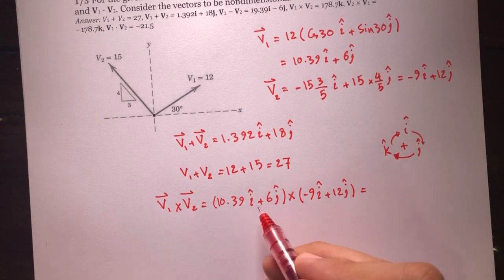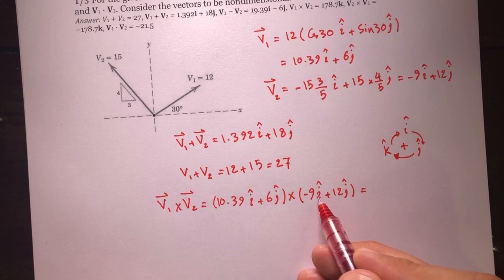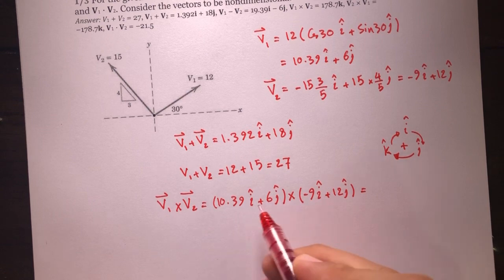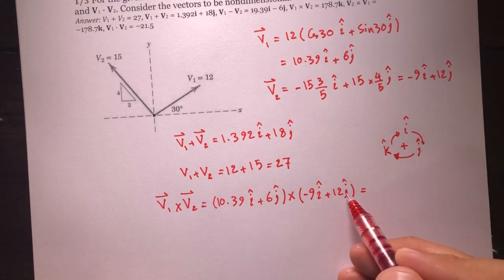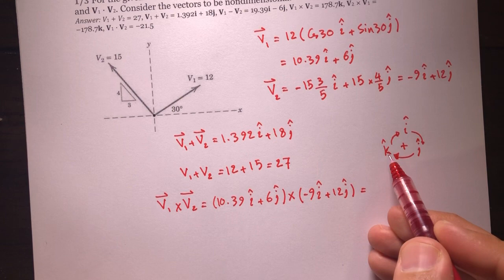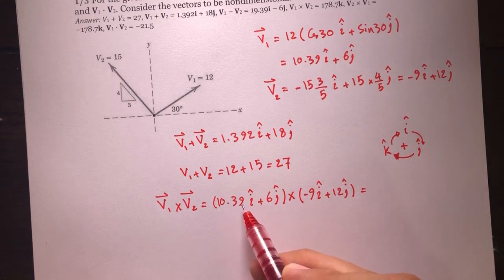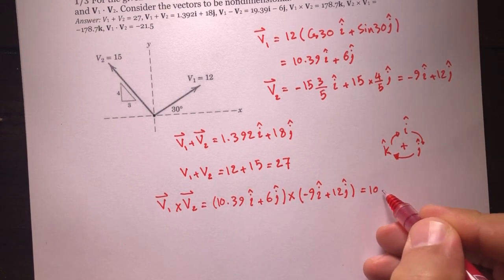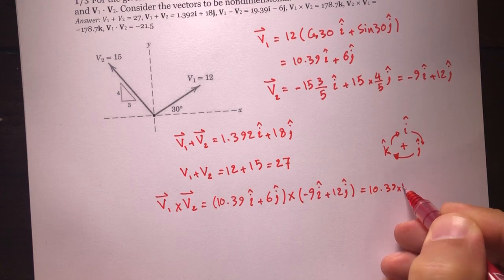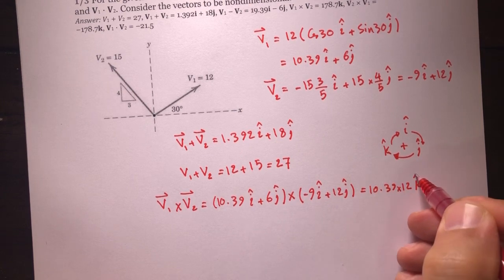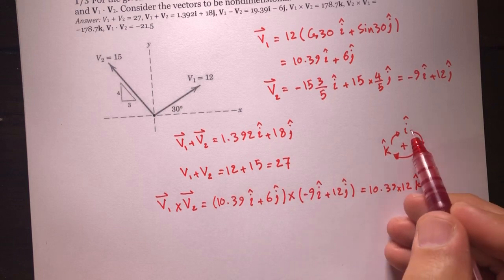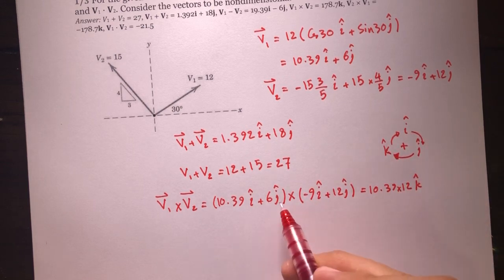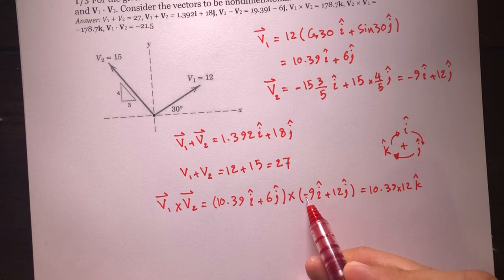So here we have, first we have I cross I, which is 0. Cross product of two parallel vectors is 0. Then we have I cross j is going to be k. So I'm going to have 10.39 times 12 in the k direction. Then we have j cross I. J cross I is going to be negative k, and we have a negative here, so positive.